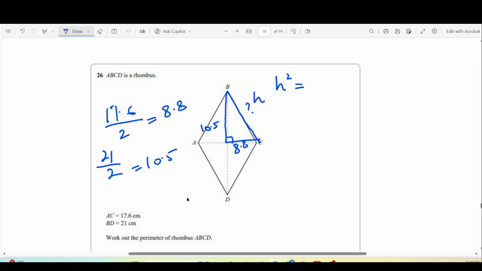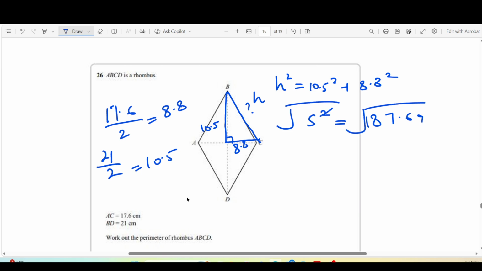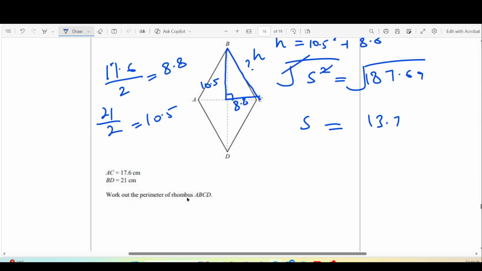So h square is 10.5 square plus 8.8 square according to the Pythagorean theorem, right? So we just square it, use the calculator and add them. You get h square equals 187.69. Square root both sides, cancel. So this is going to give you 13.7 centimeters.